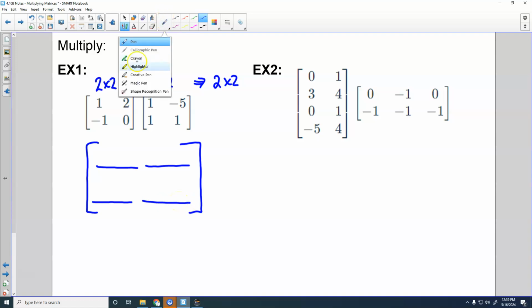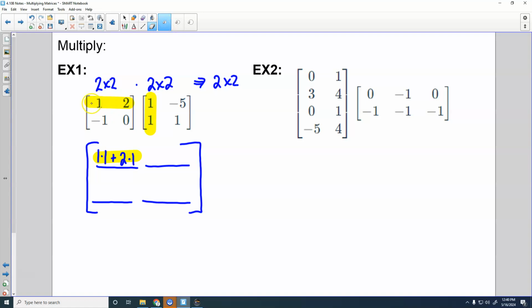So what I'm going to do first for this spot right here, that's first row, first column. So I multiply first row by first column. So that will look like this. I will do 1 times 1 plus 2 times 1. There. So that gives me my first spot. And I'll figure this out in a second.